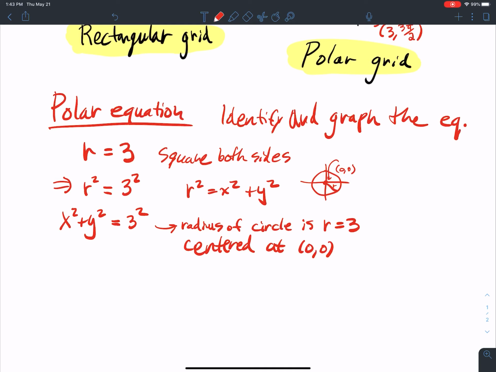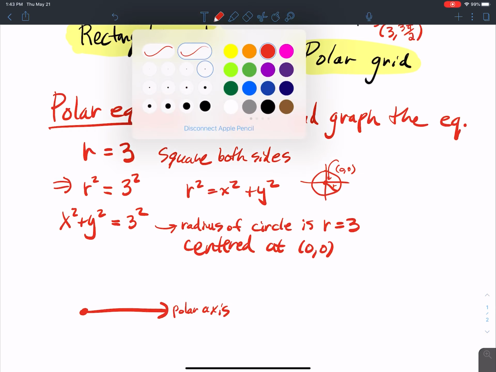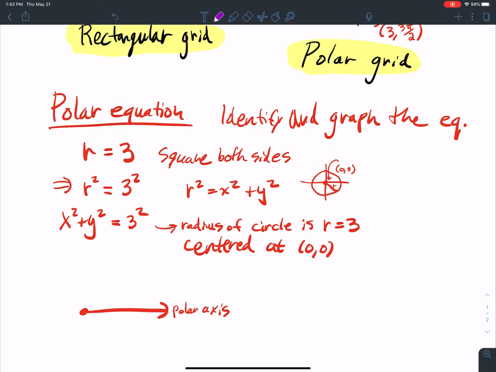This is a circle. So there's my polar axis. So r equal to 3 means that no matter what theta equals, we always have an r equal to 3.